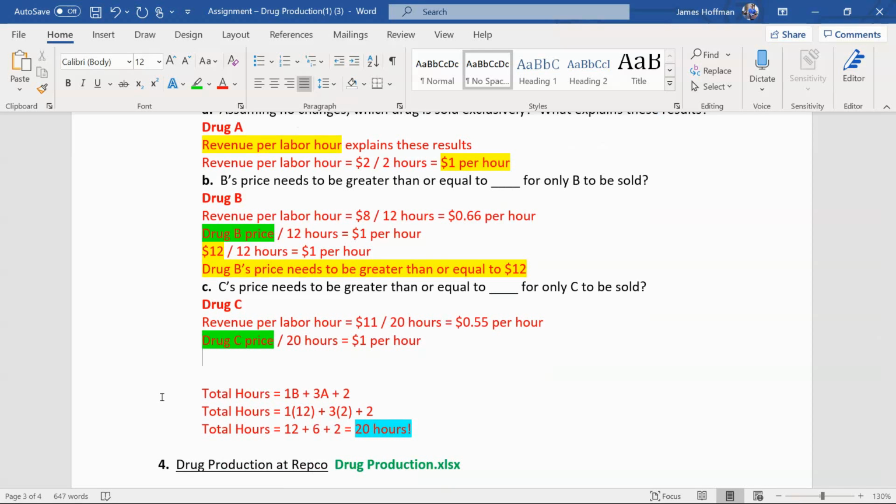So what does drug C's price need to be? Anyone know? 20, right, exactly.